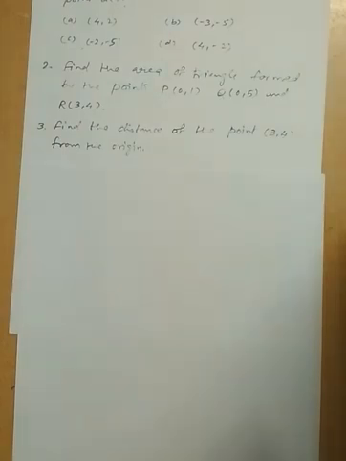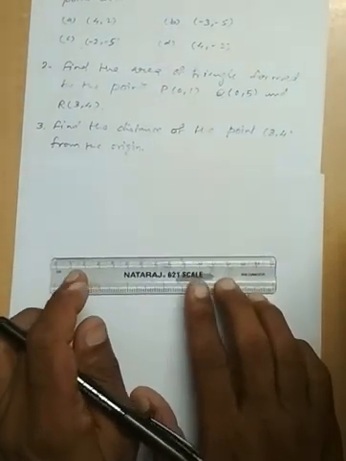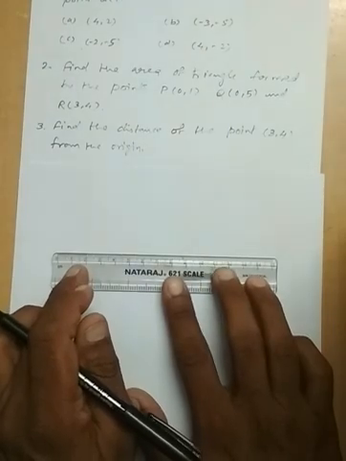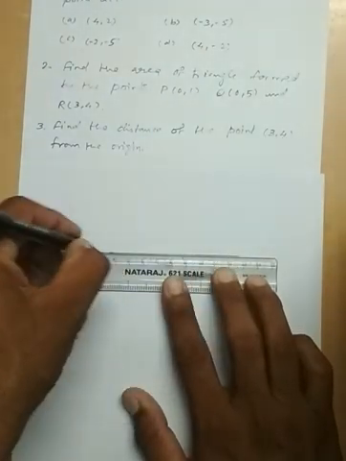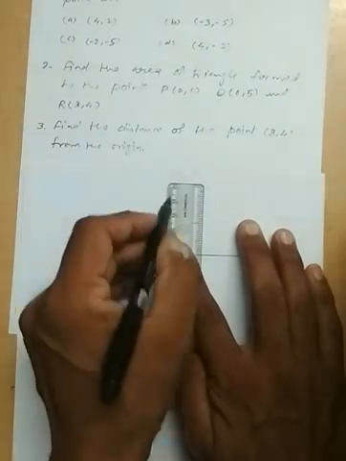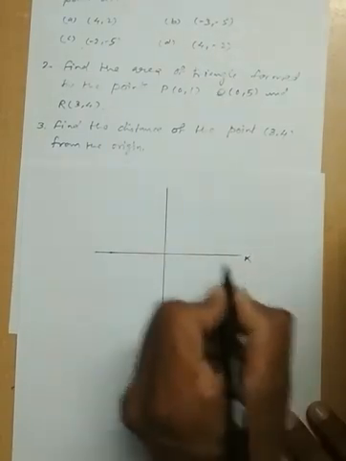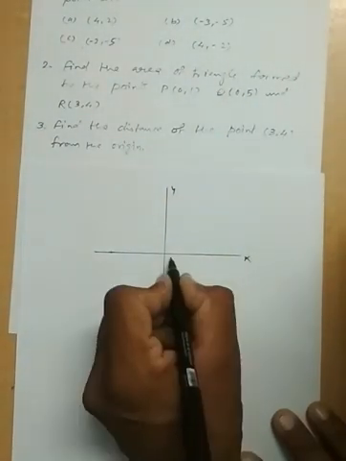Our third question is, find the distance of the point P(3, 4) from the origin. For this question, draw a horizontal line and a vertical line and make a Cartesian plane. This is the x-axis and y-axis.